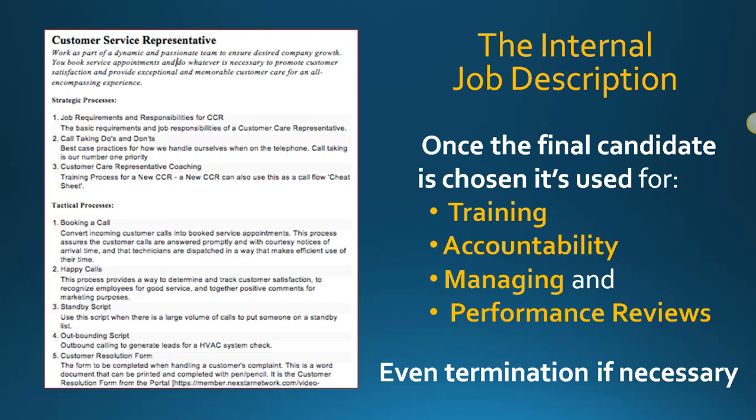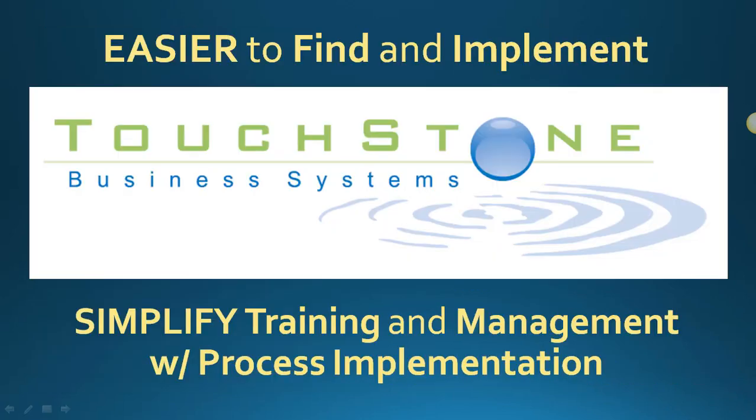So in today's presentation, I want to talk about how you do this, how you can use this type of job description for measuring and increasing employee performance and company efficiencies. I mentioned a moment ago that this client's customer service reps can call up their job description and click on a specific process on their job description to access all of the instructions they need to be able to do what needs to be done.